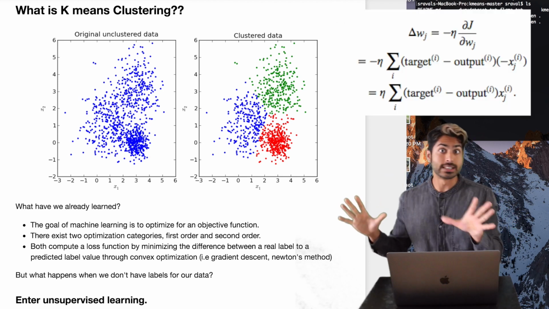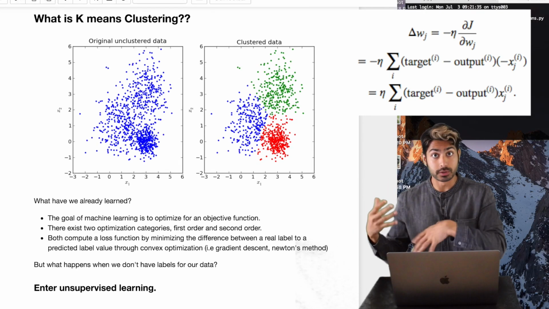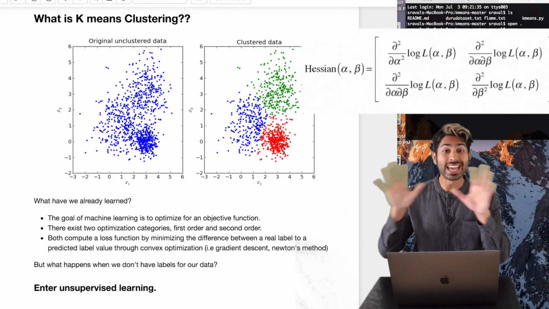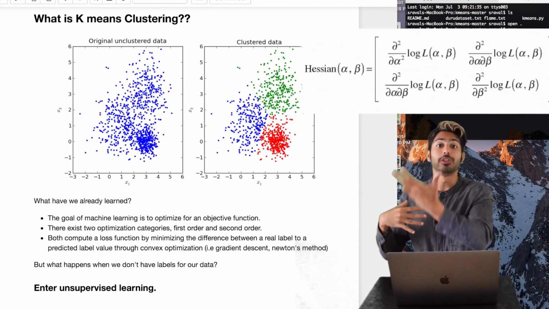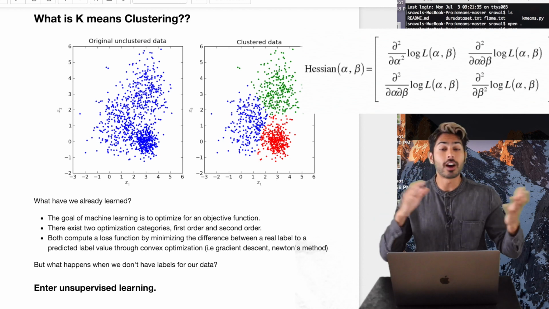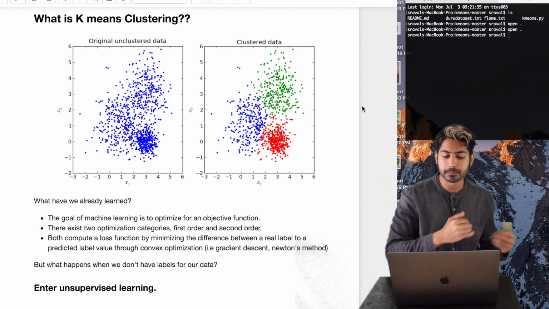To do that with gradient descent, we compute the first derivatives, the partial derivatives with respect to our weights using our error. For second order optimization, we do the same thing, except we compute the second derivative, that is the derivative of the derivative. There are pros and cons to both, and we talked about when you would use one over the other in the previous videos.